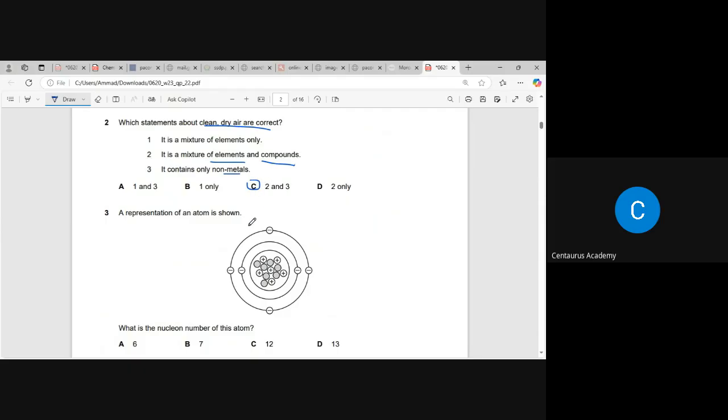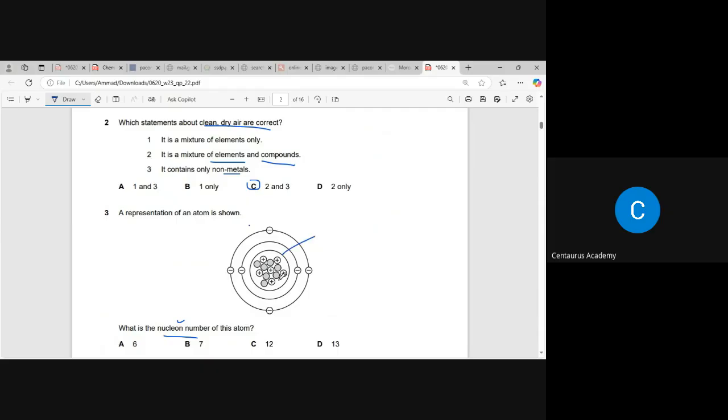Moving on to the next question, the representation of an atom is shown to you. What is the nucleon number of this atom? The nucleon number refers to the mass number. It is any subatomic particle present within the nucleus of the atom, which is the central core. This is your nucleus.